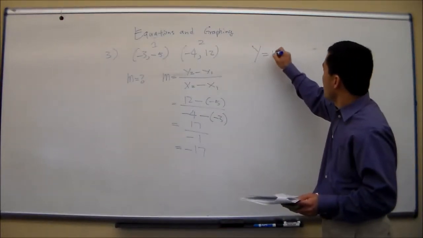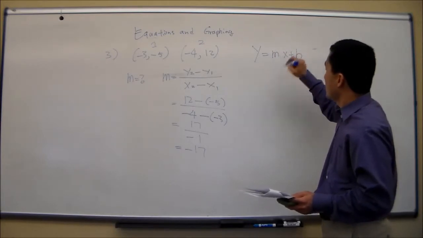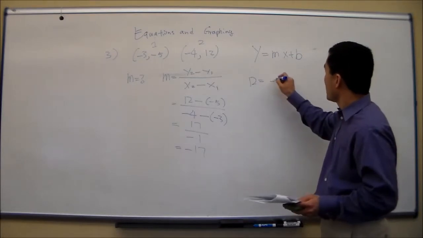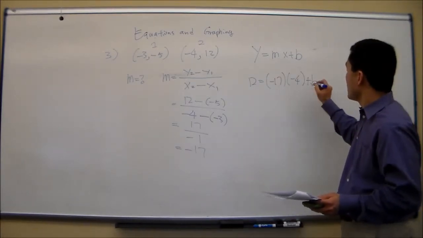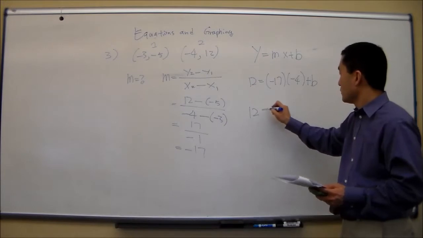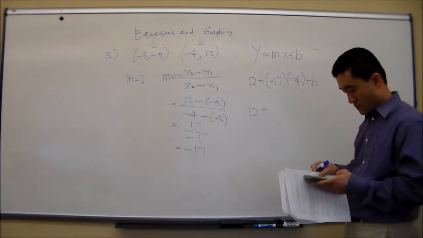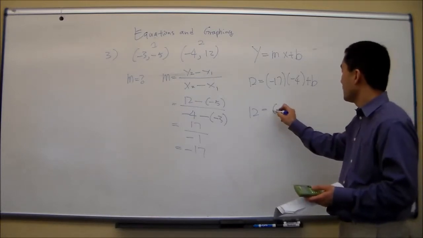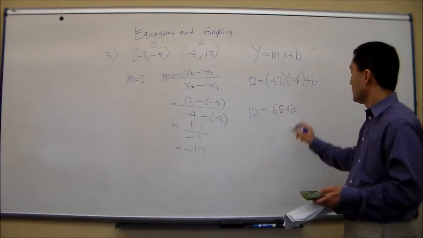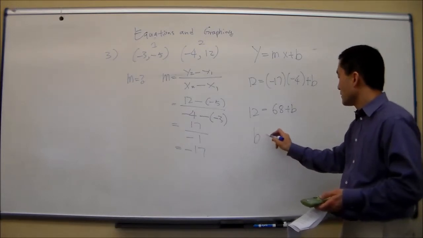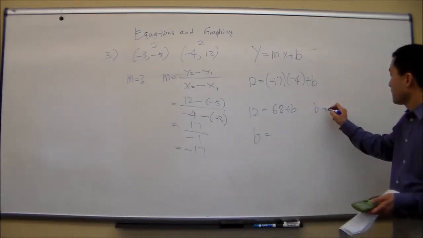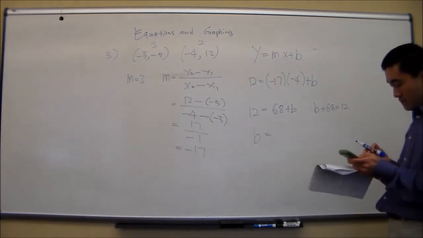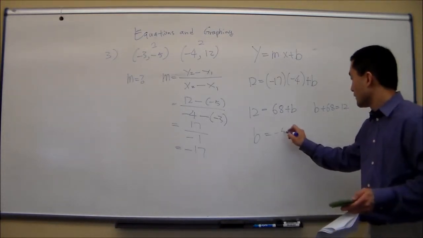So the template is this. Let's plug it in. 12 is negative 17 times negative 4 plus b. That makes 12 equal to 68 plus b. b is then negative 56.